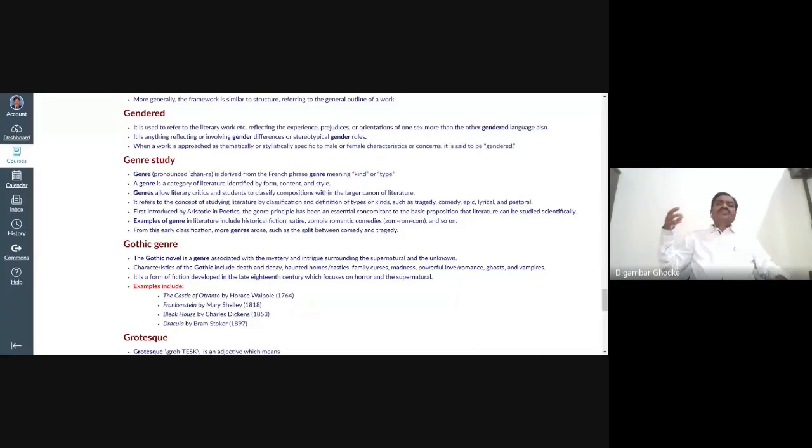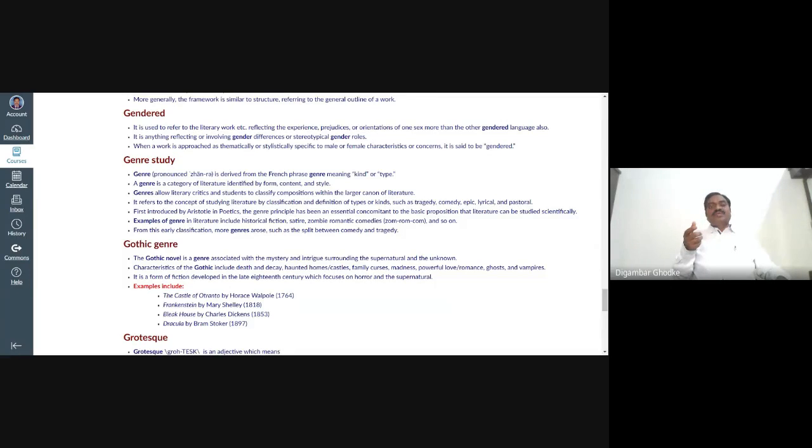Typical Saas Bahu serials that you watch on television channels are mostly gendered. They differentiate between man and women. So when a work is approached as thematically or stylistically specific to male or female characteristics or concerns, that work is said to be gendered. This is how we can understand the term gendered.